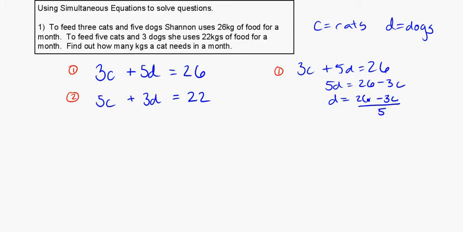Now if that was a simpler fraction to reduce, I would, but in this case I'm going to leave it as it is. So now that I know that I can write D as 26 minus 3C all over 5, I'm going to actually substitute that in for D in equation 2. So now I'm going to get 5C plus 3, and using brackets, be sure to use brackets, I've got all of this other stuff for D. 26 minus 3C all over 5 is equal to 22.